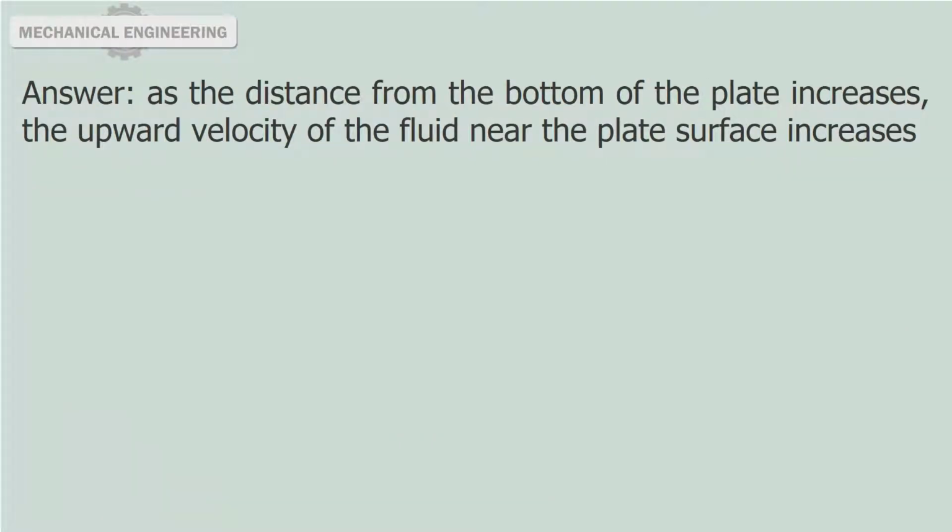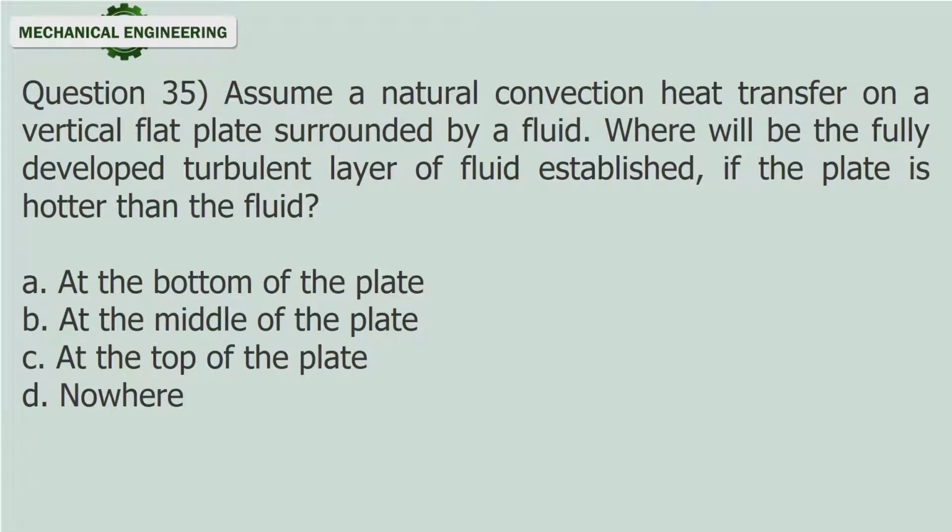Answer: as the distance from the bottom of the plate increases, the upward velocity of the fluid near the plate surface increases. Question 35. Assume a natural convection heat transfer on a vertical flat plate surrounded by a fluid. Where will be the fully developed turbulent layer of fluid established, if the plate is hotter than the fluid?